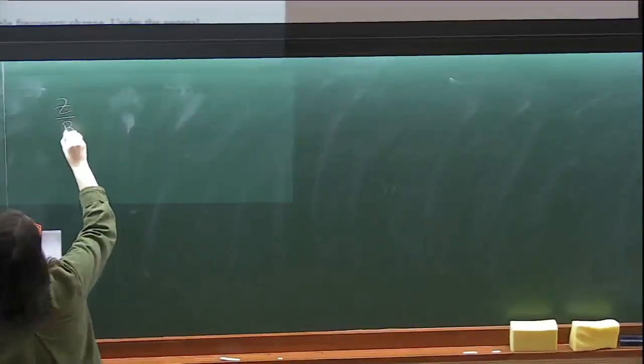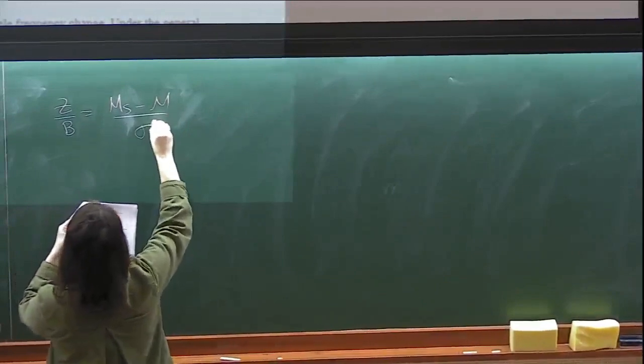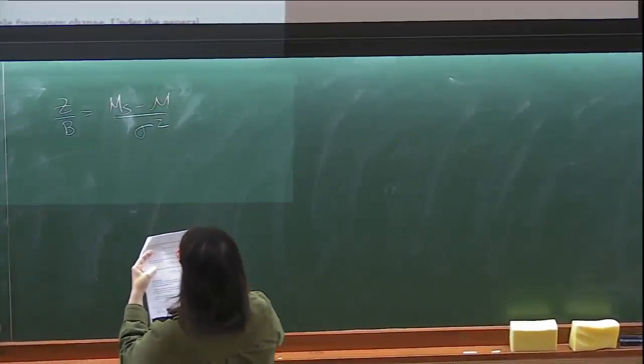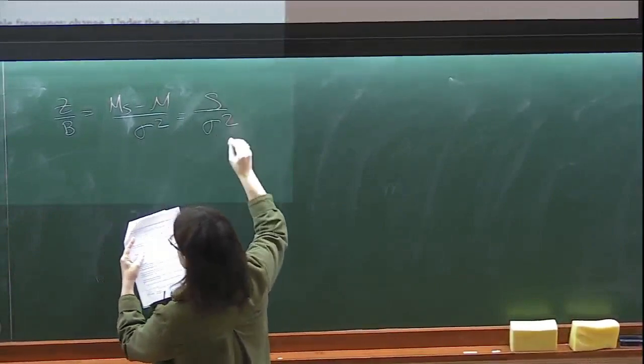We said earlier that Z over B was this scaled selection. So we can write that as S over sigma squared.